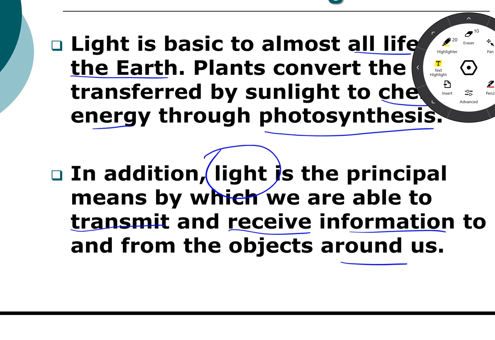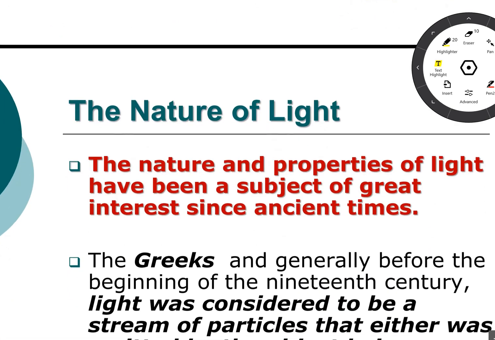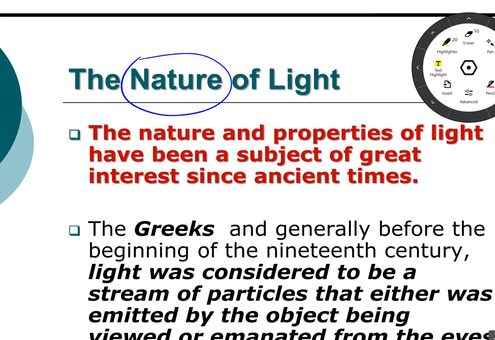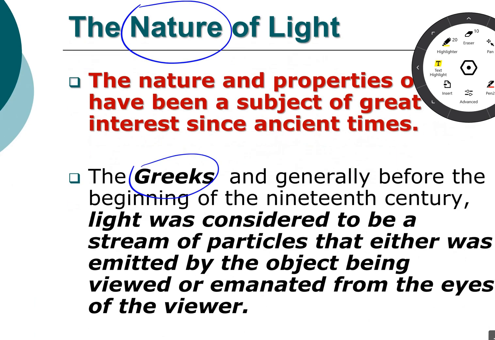So different people tried to understand what light is. They tried to explain the nature of light. What is the nature of light? The Greeks assumed that light is particles.